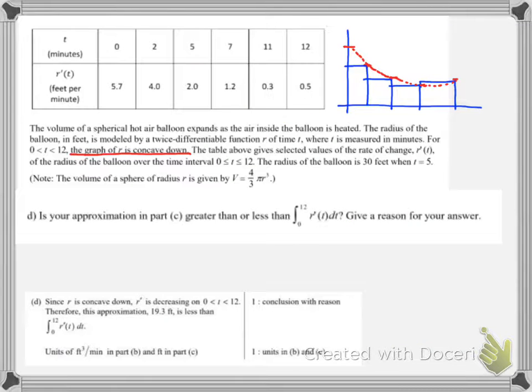So for part D, you're asked if your approximation in part C is greater or less than this integral. And as we look at a sketch that I've drawn, we can see that there's all of this leftover area until we get to the very bottom, where there seems to be a little extra area between 11 and 12.